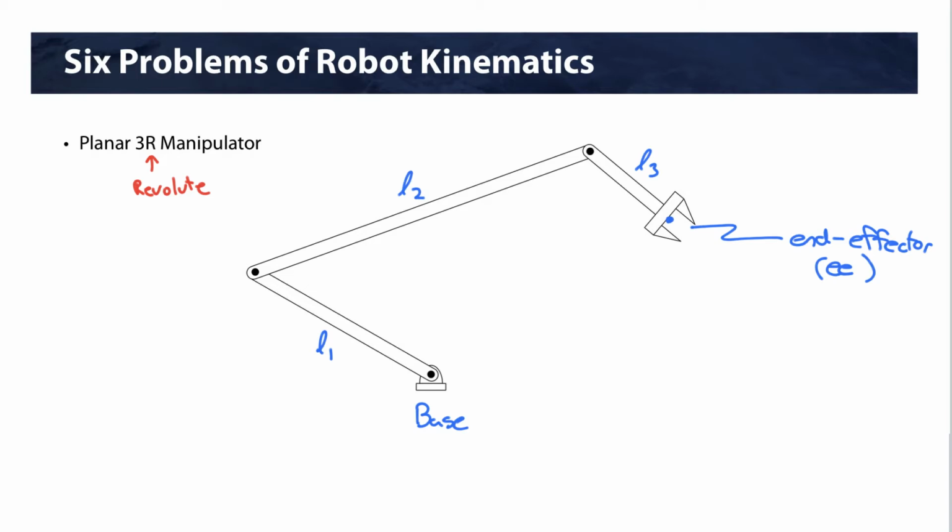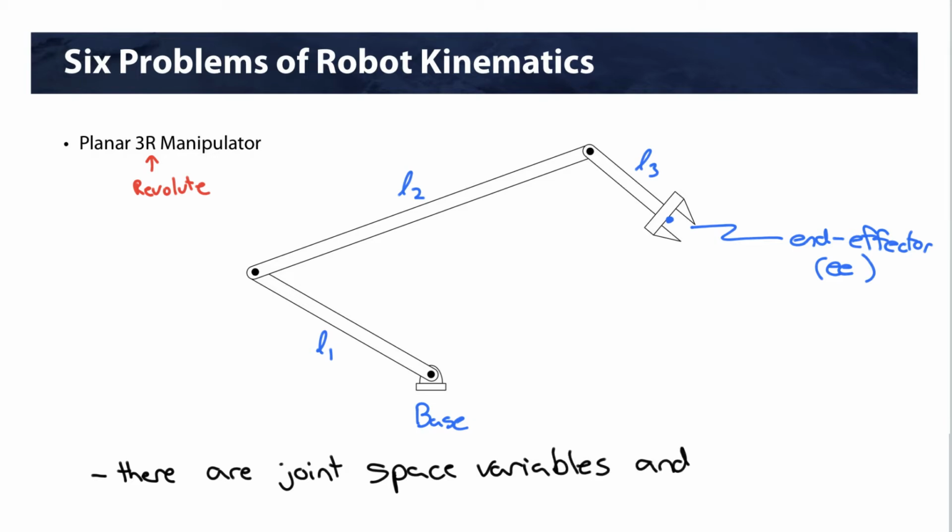Now, when we're talking about robotics, there are what we call joint space variables and task space variables associated. All right, and so we're going to look at these for the different problems.